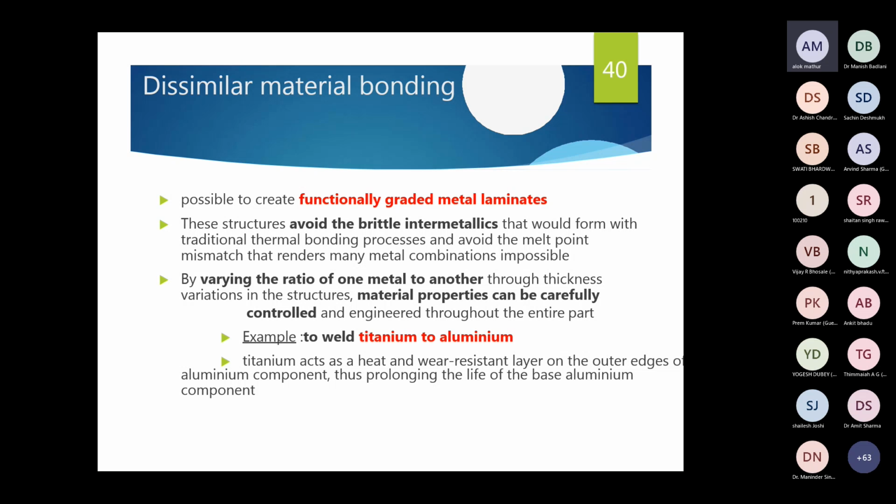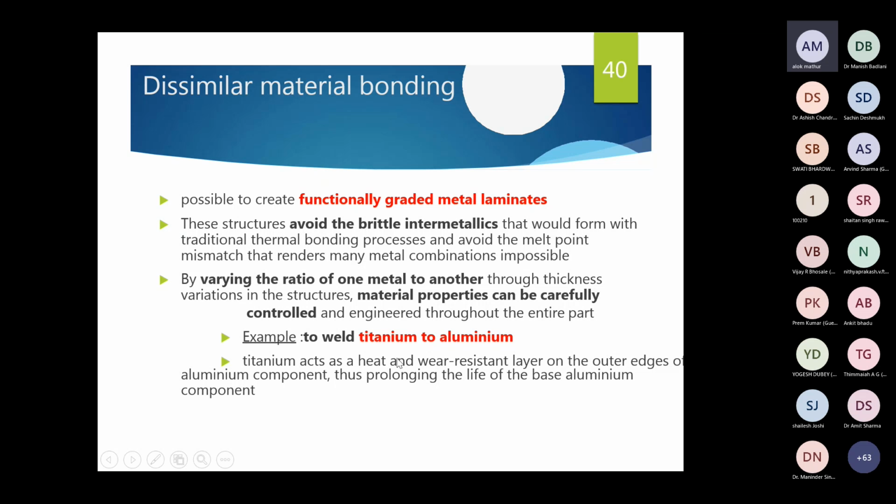Material properties can be controlled, like to weld titanium to aluminum. Titanium is a heat and wear resistant layer on the outer edges of the aluminum component, thus prolonging the life of the base aluminum component.